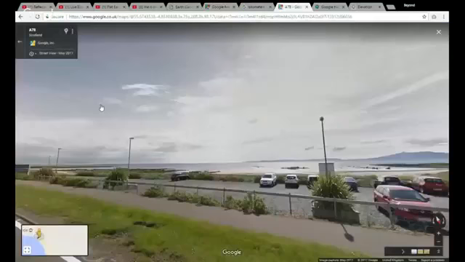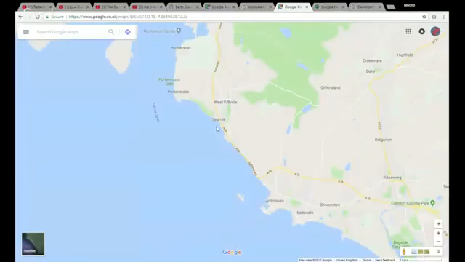Maps, right. So we're saying we're here at Seamill, so we'll say that. Measure distance.